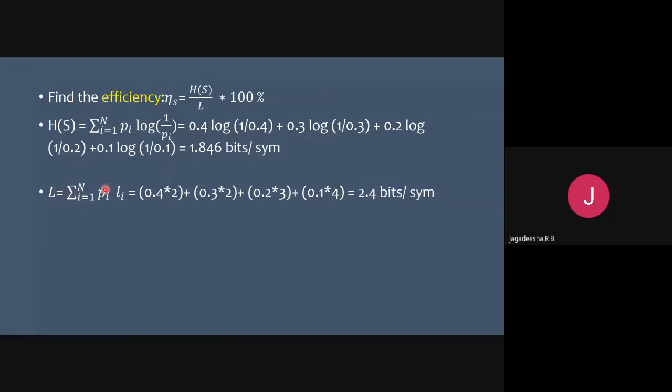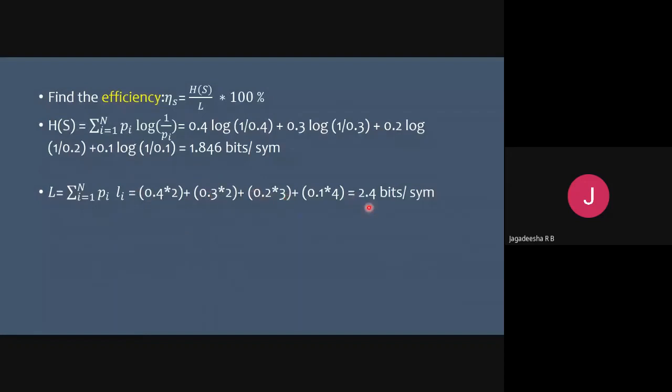L is given by this equation: L is equal to the sum of pi multiplied by Li. You know pi, the probability, 0.4, 0.3, 0.2, etc. And Li also we have determined, the lengths 2, 3, 4. Just do pi Li, pi Li, pi Li. So that becomes 2.4 bits per symbol.